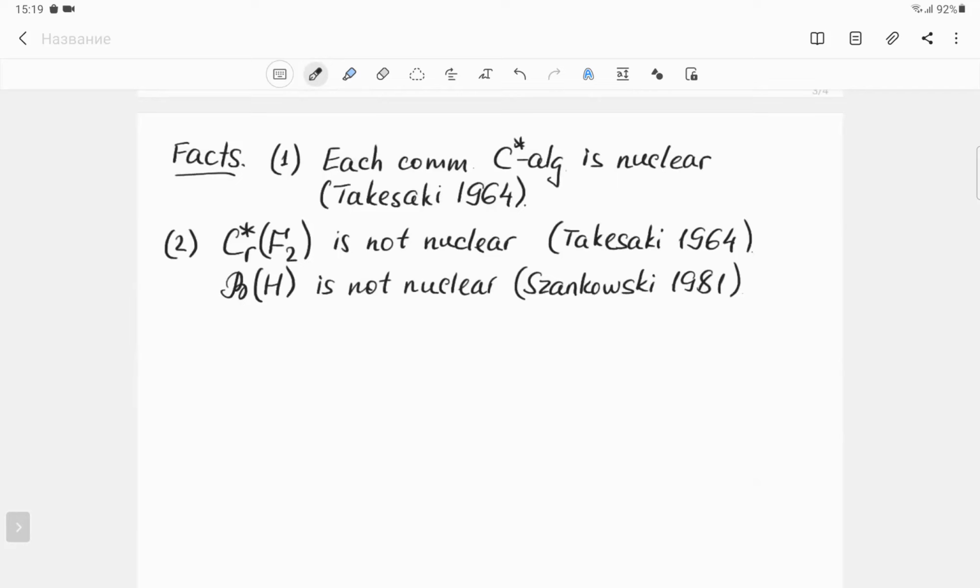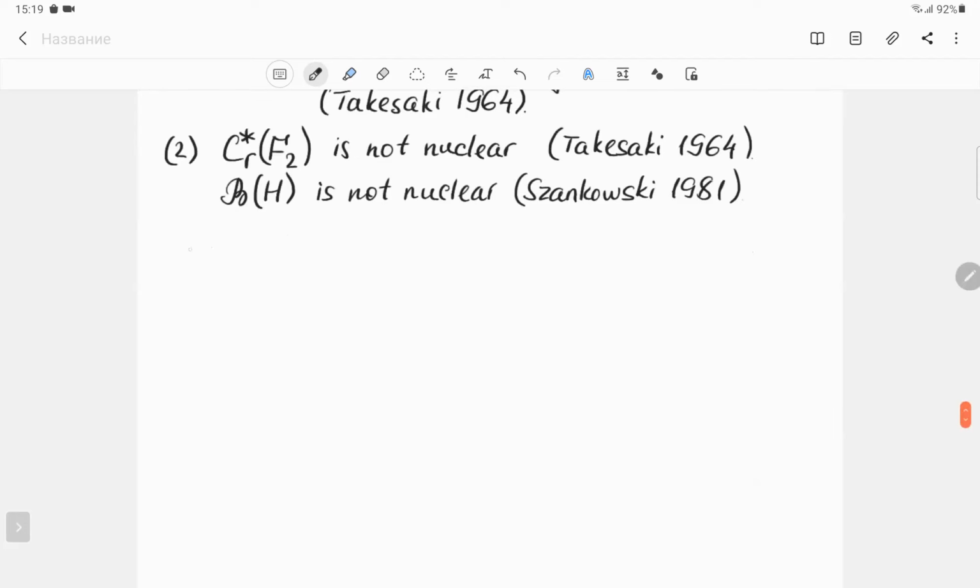Okay, well, that's all I wanted to tell you about the maximal tensor product and nuclear C-star algebras. Maybe I'll give one final remark, which explains why nuclear C-star algebras are so called. Briefly, the reason is that they are called nuclear by simple analogy with nuclear locally convex spaces introduced by Grothendieck. In fact, if we look at Banach spaces, then there are at least two natural tensor products of Banach spaces.